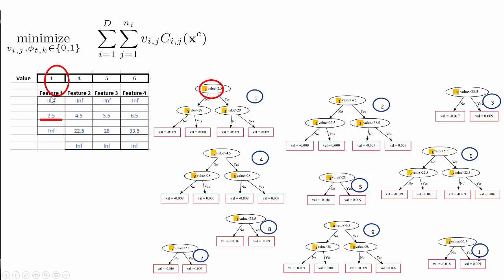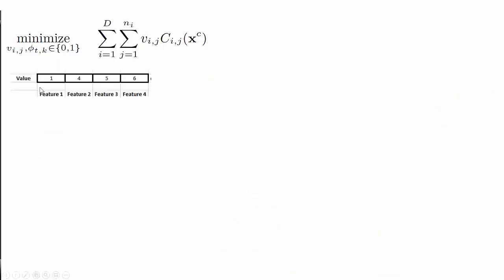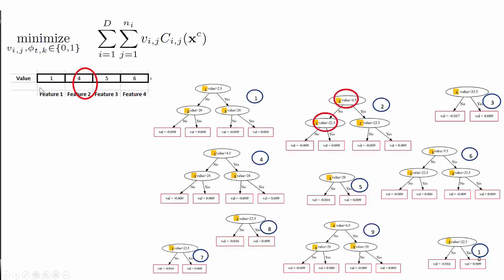We see that it's only in the first tree, and the value that is being looked at is 2.5 or above. So what we do now is we bin the first feature at 2.5: the first bin will be minus infinity to 2.5 included, and the second bin will be above 2.5 to plus infinity. So this is how, for the purposes of this problem, we bin the first feature.